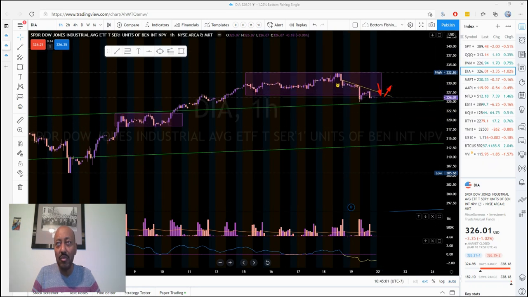And if it's breaking to the upside, then what I want to see is, price comes here, breaks it, tests the base, and price reverses. So if it's breaking it on the upside, this is what I want to see, right?